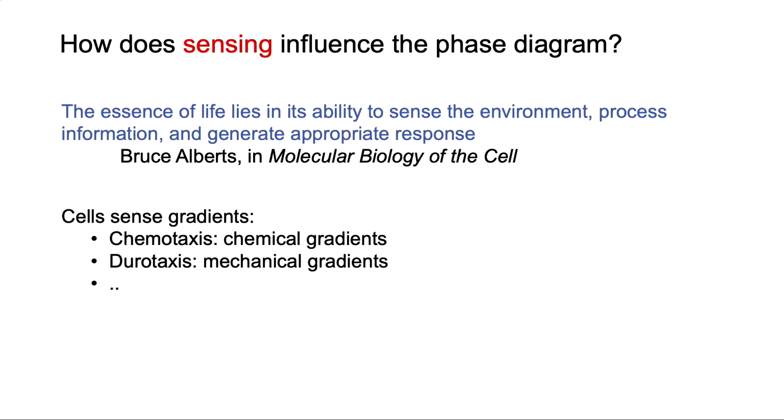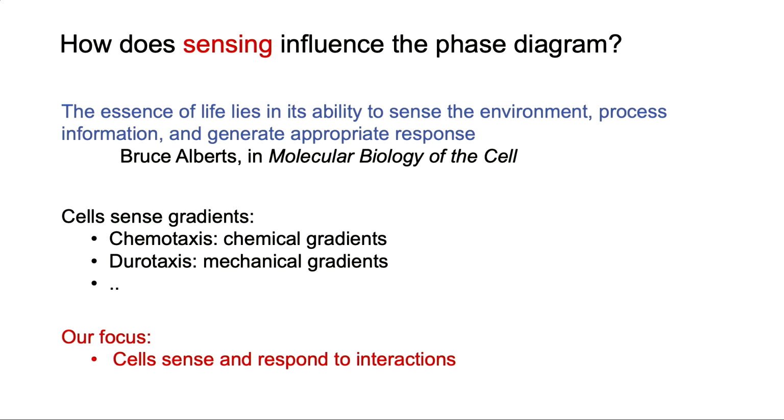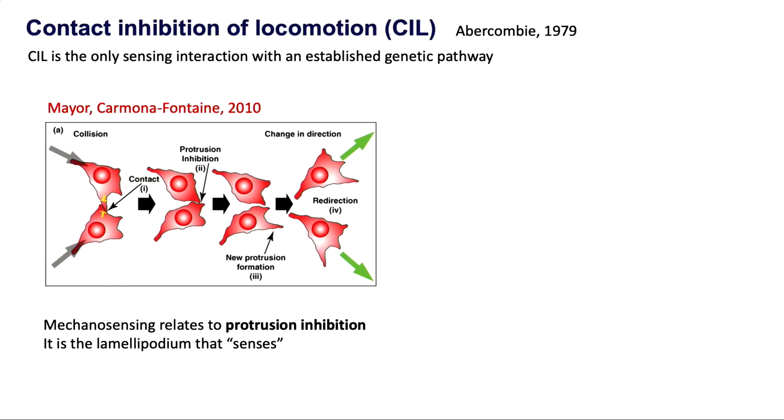Here, we're going to focus on another kind of sensing. We don't have inhomogeneities in space, but we're going to study the sensing of the interaction between the cells, so how a cell responds to the interaction with another. We're going to focus in particular on so-called contact inhibition of locomotion.